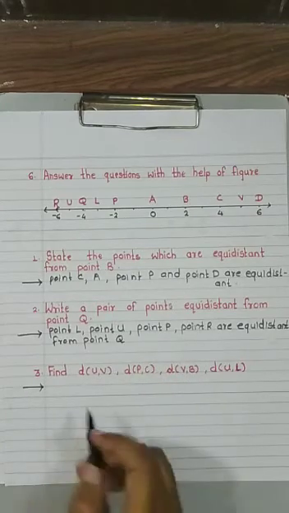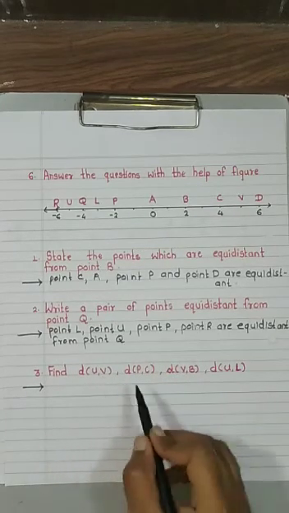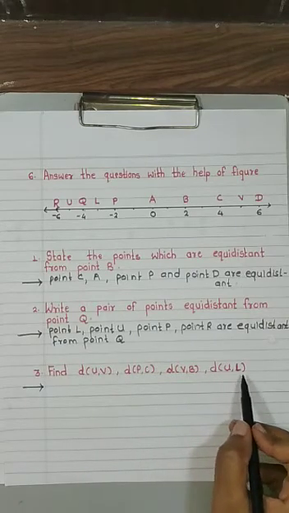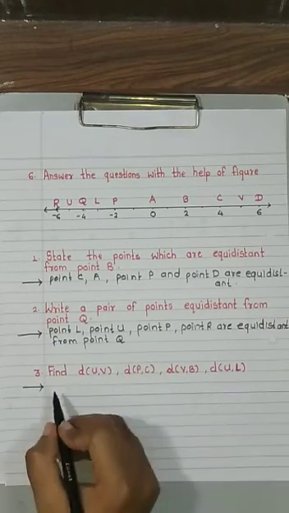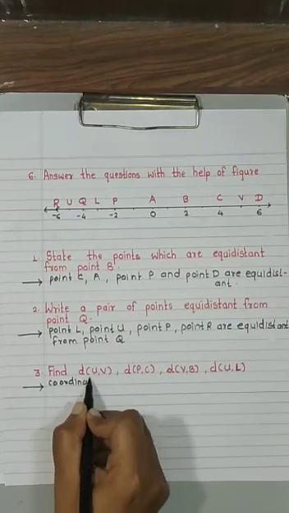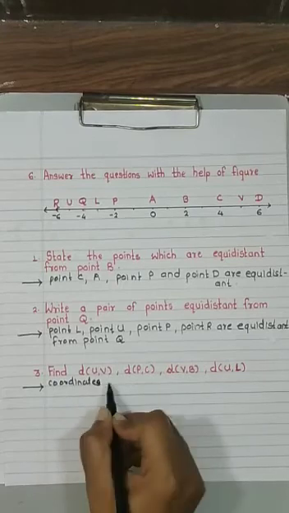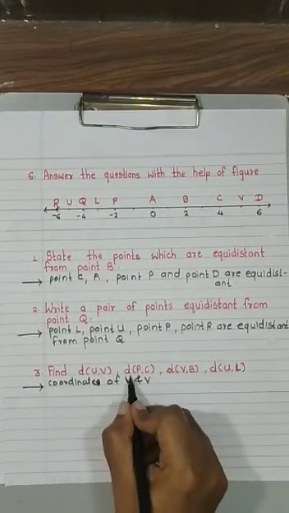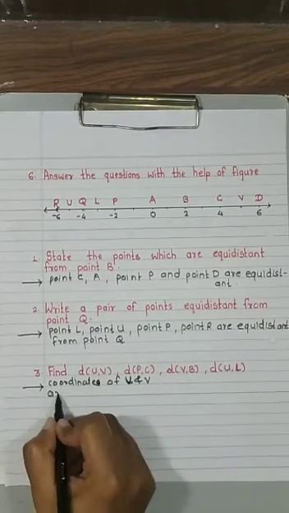Now next one, you have to find distance UV, distance PC, distance VB, and distance UL. Now you can see the coordinates of U and V. How much is U?